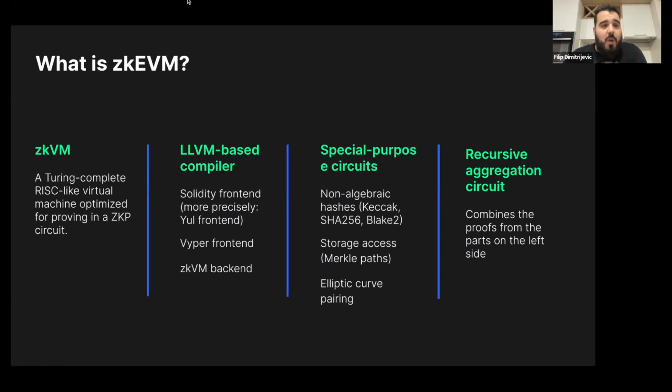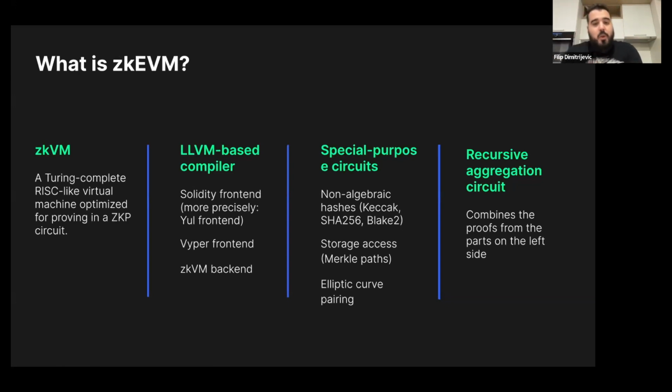Okay, so what is actually zkEVM? zkEVM is the name of the architecture that enables zero knowledge proof generation for the execution trace of smart contracts originally written for the EVM. As you can see, its architecture is based on the following components. First, the zk virtual machine, or the zkVM.